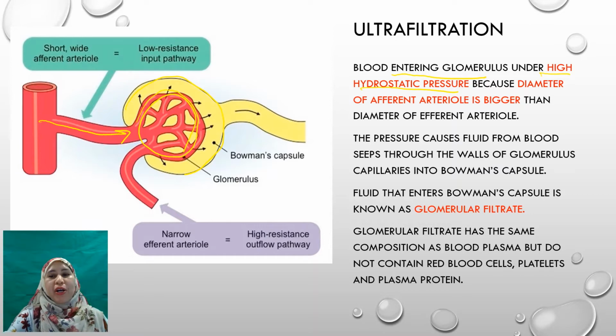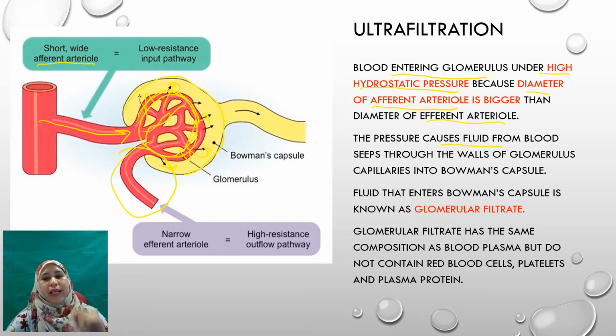Why? Because the diameter of the afferent arteriole, this is the afferent arteriole, is bigger than this efferent arteriole. The pressure will cause the fluid from the blood to seep through the walls of the glomerulus into the Bowman capsule.